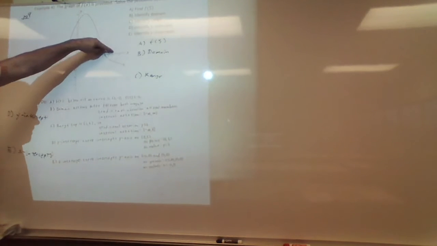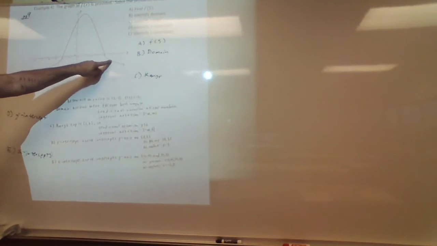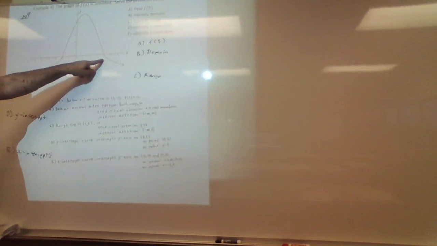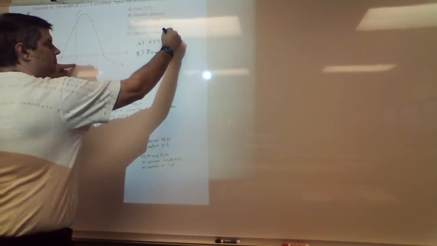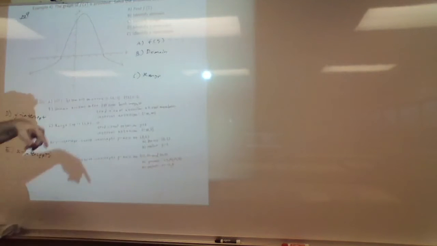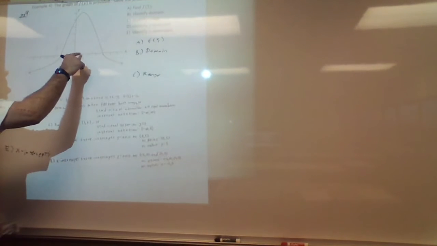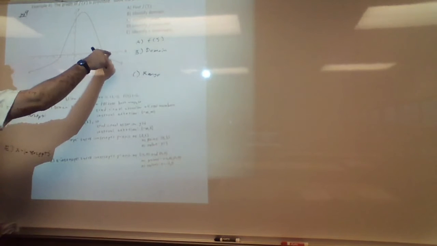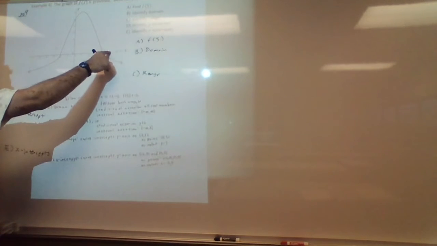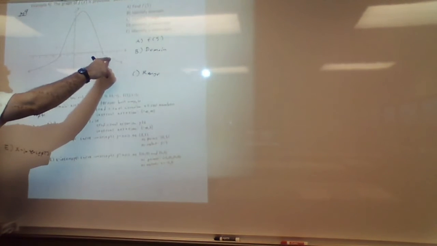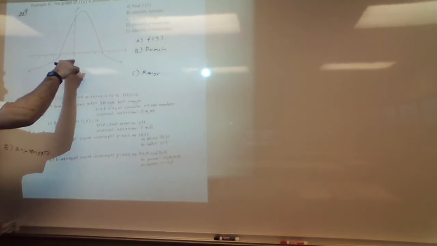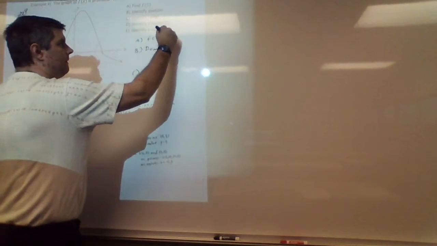So here's where x equals 5. I'm going to go down to meet the graph, and the y-coordinate is negative 1. I'll do that again. I'll go to where x equals 5, and I will either go up or down to meet the curve. It looks like it's down in this case, and the matching y is negative 1.